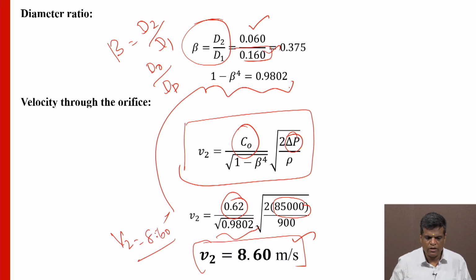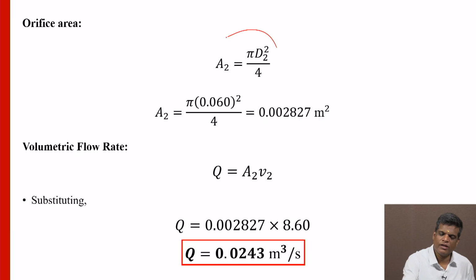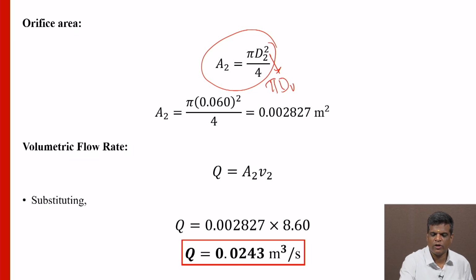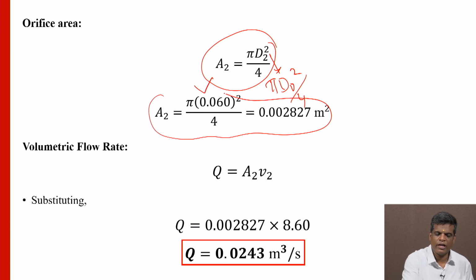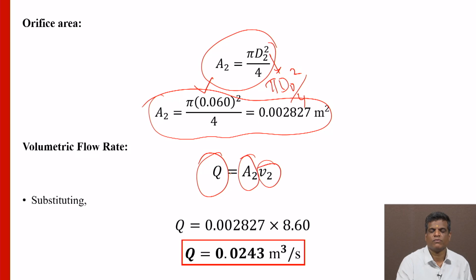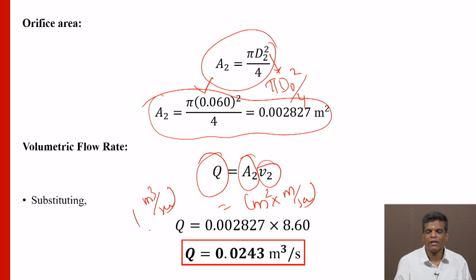Once velocity is done, the other part is the area, pi d naught square by 4, with the orifice diameter already given. Then A2 is the cross sectional area. For the volumetric flow, we multiply the area and velocity, because area is in meter square and velocity is in meter per second, so we get meter cube per second, which is the volumetric flow rate.